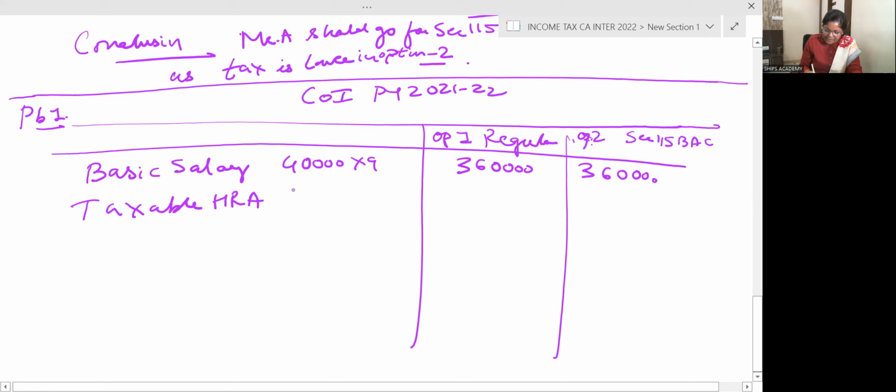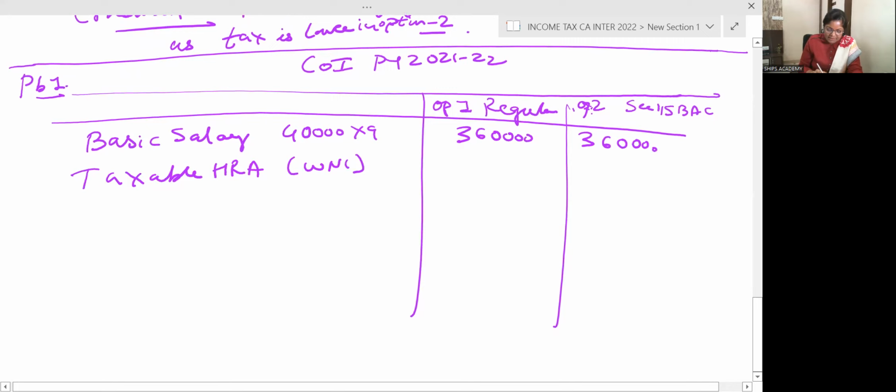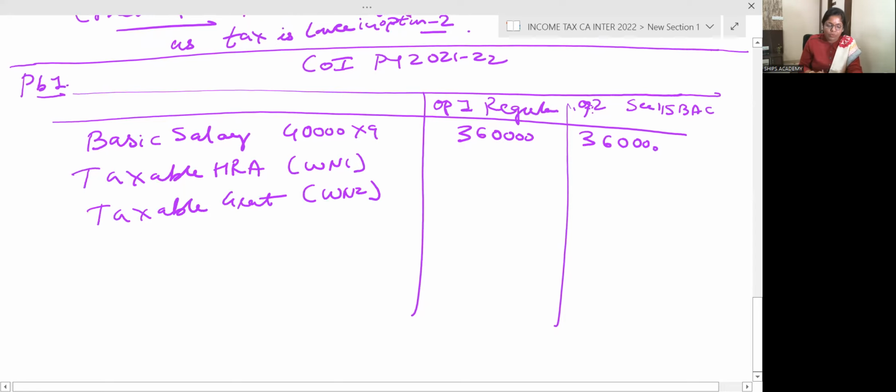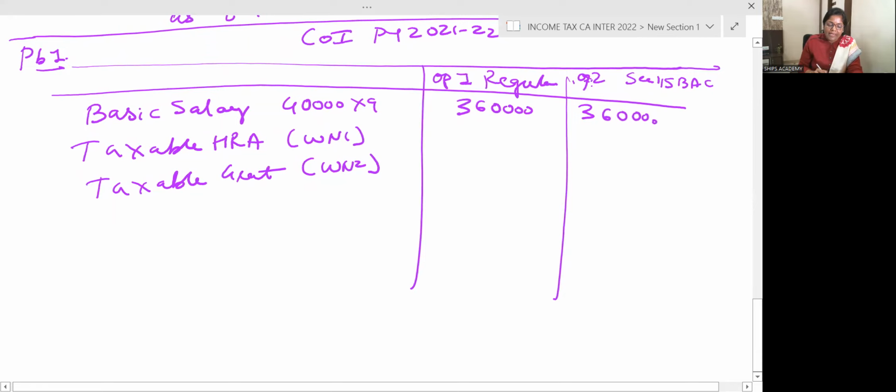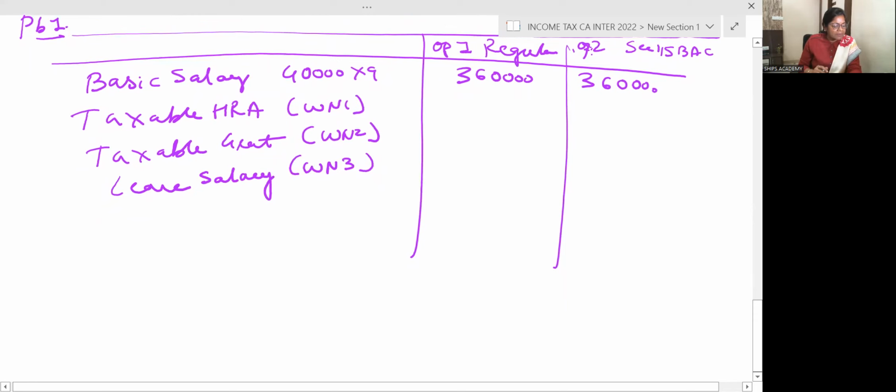Taxable HRA we will calculate in working note 1. Then he received gratuity. So of course, some gratuity is exempt and some will be taxable in working note 2. Next, he has accumulated leave salary. Working note 3. And after retirement, there is a business loss.